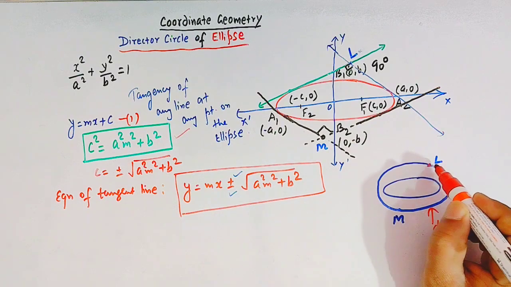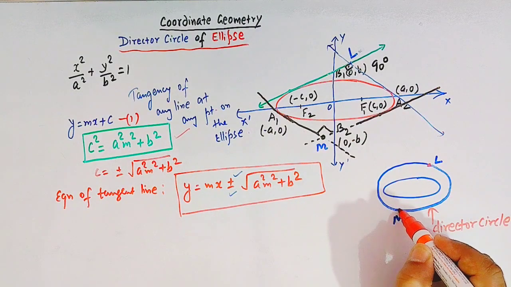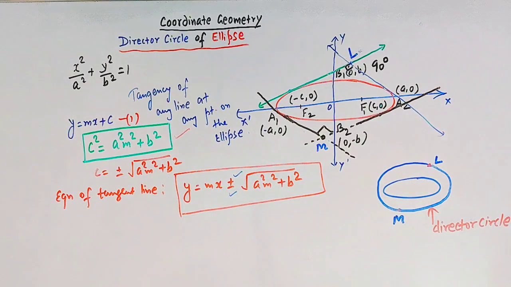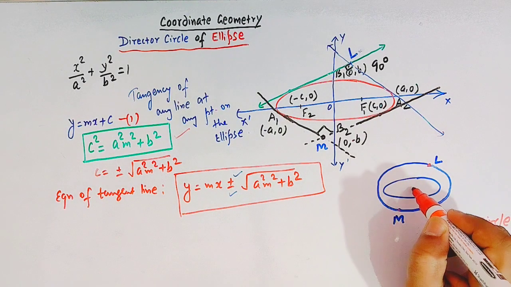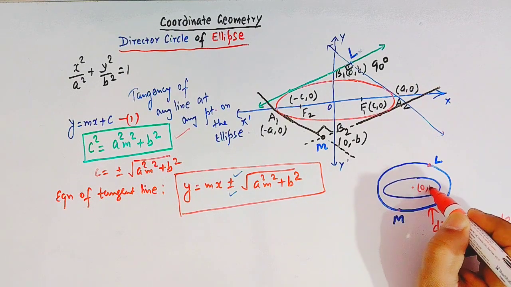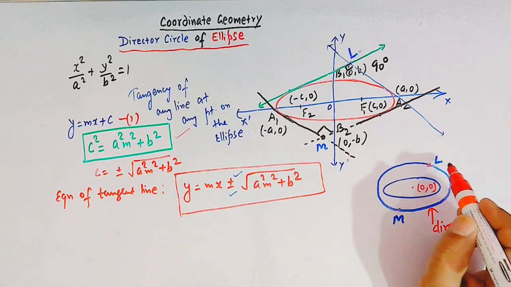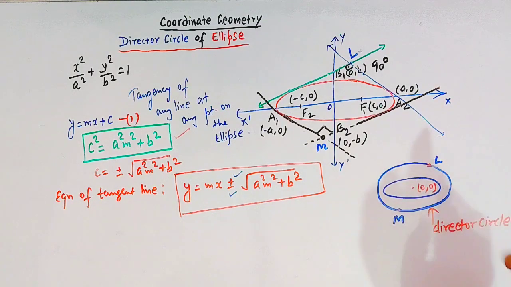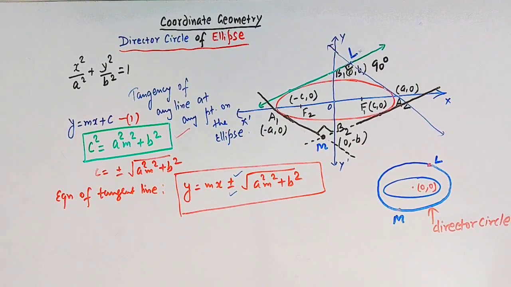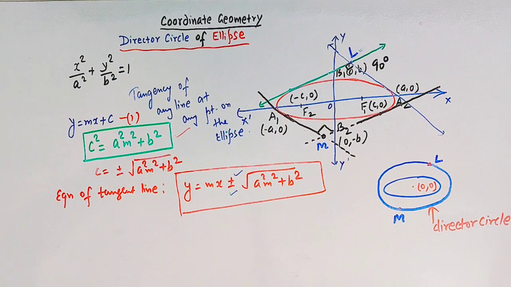And the points L and M are on the circle. And one important thing is that the center of the ellipse is the origin, that is 0 comma 0, right? So the center of the director circle is also 0 comma 0, that is the origin.